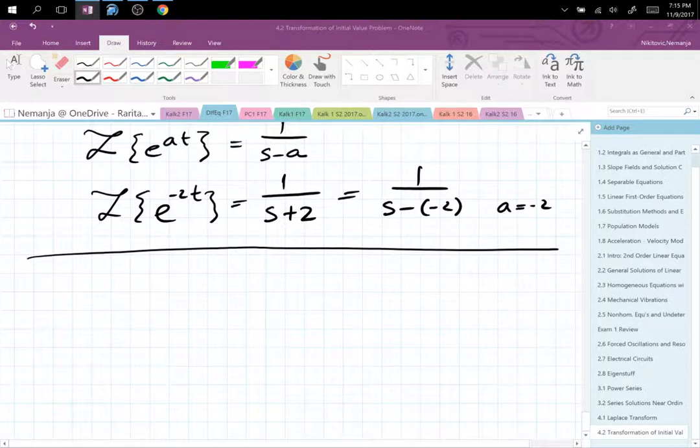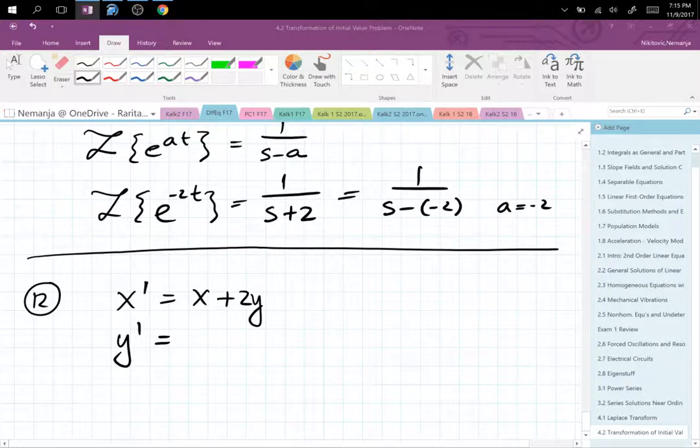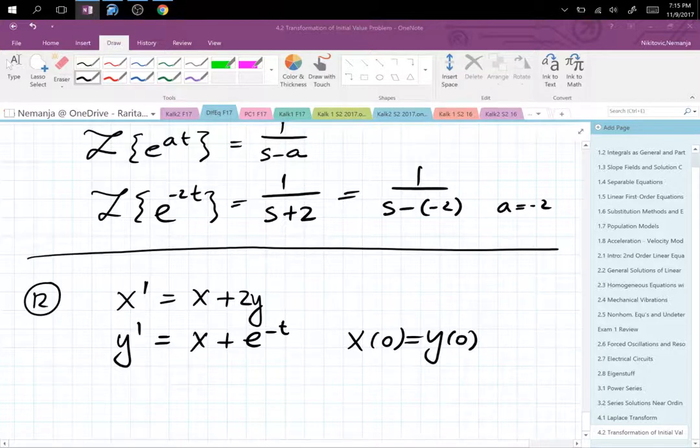For instance, problem number 12 says x prime is x plus 2y, and y prime is x plus e to the negative t. x of 0 is the same as y of 0 is equal to 0. Yay, we have a system of differential equations. Who's excited?